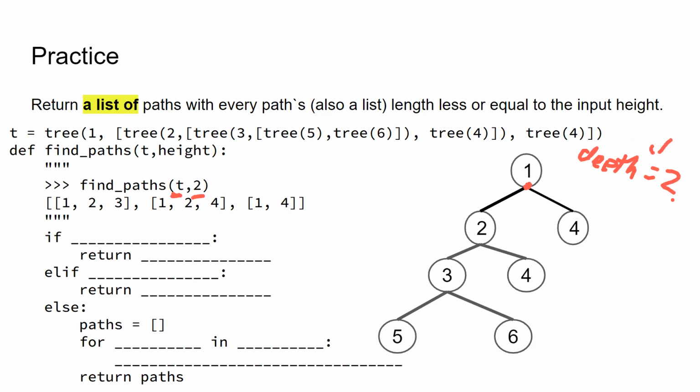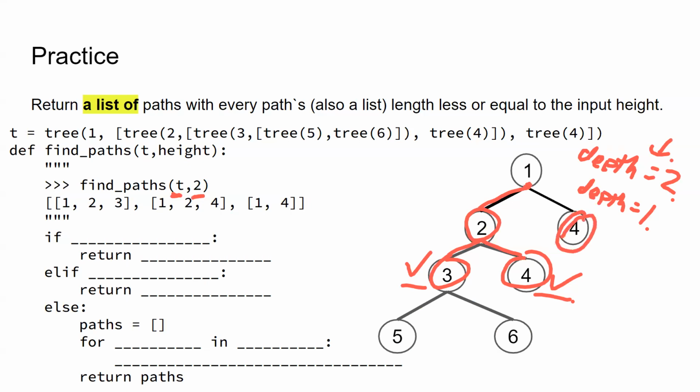This is the one I put in as input. So I will have 2 here. For 2, I have 2 options. One is 3, and I finish traveling 2 depths, and also 4, still finished traveling. And next one, I will check depth equals 1. So this will be only 4. Yeah, this will be only 4. So this is how it works.